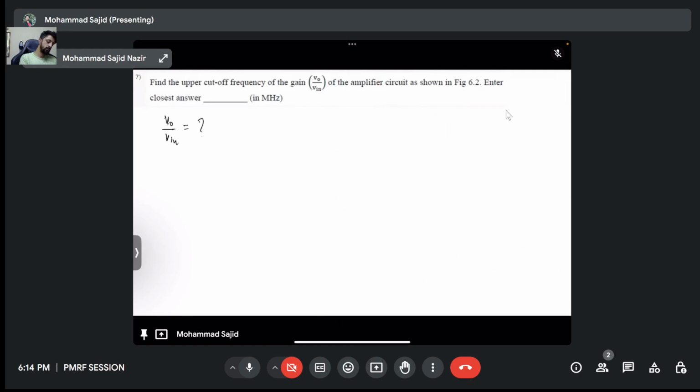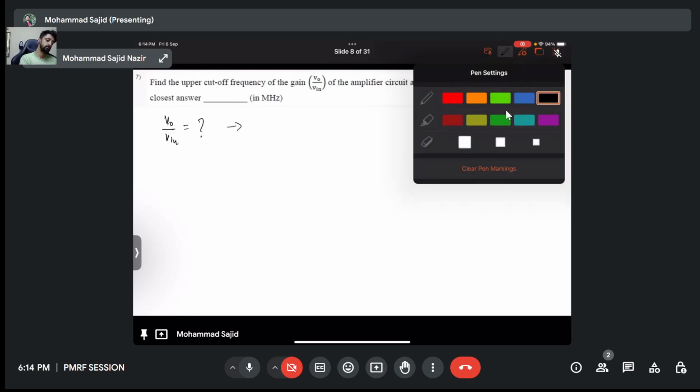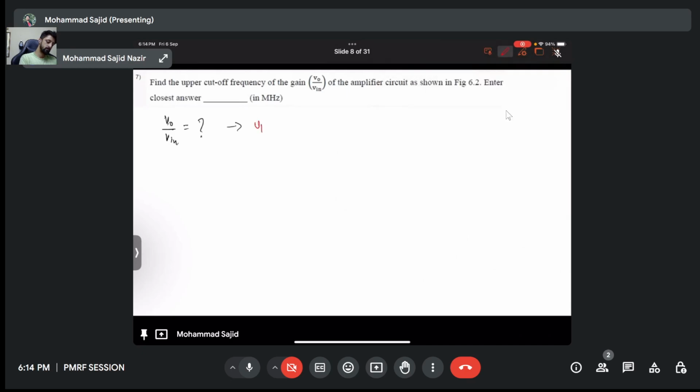Find the upper cutoff frequency of the gain V naught by V in. We need to find this upper cutoff frequency.